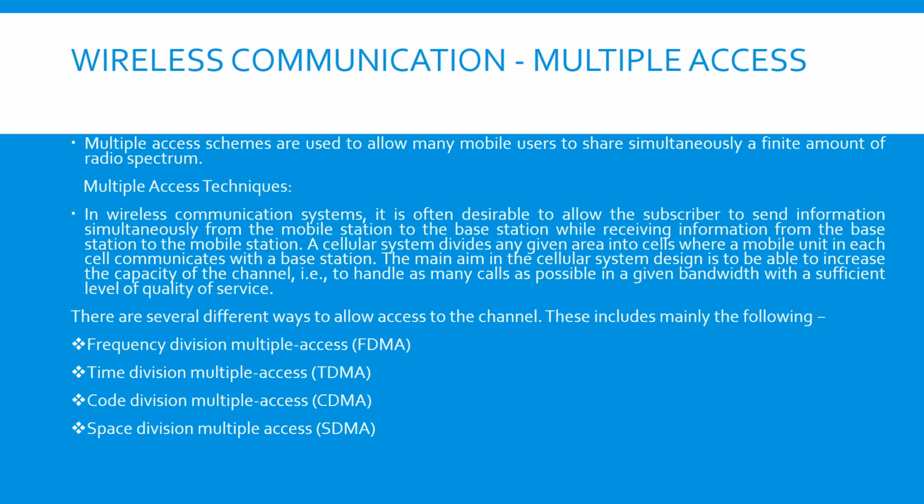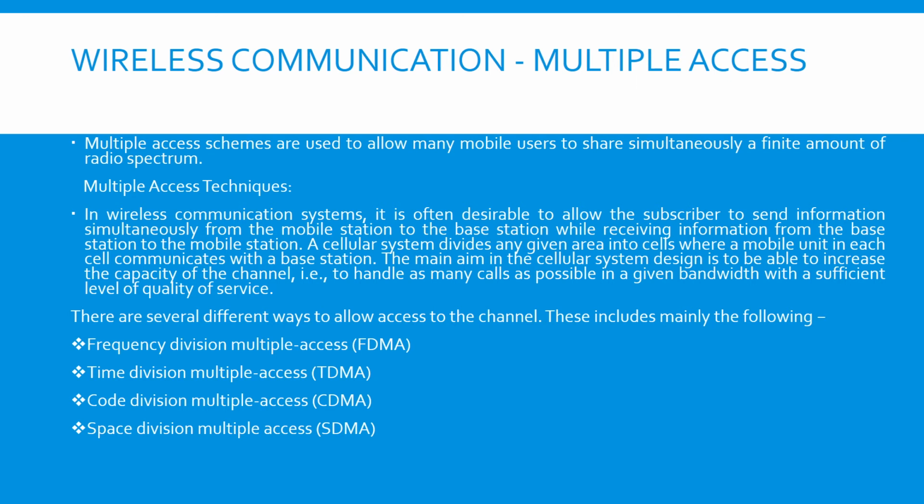Now wireless communication, multiple access. Multiple access schemes are used to allow any mobile user to share simultaneously a finite amount of radio spectrum. Now see, if we are able to send a wide range of frequencies through our mobile systems, this is known as multiple access techniques.